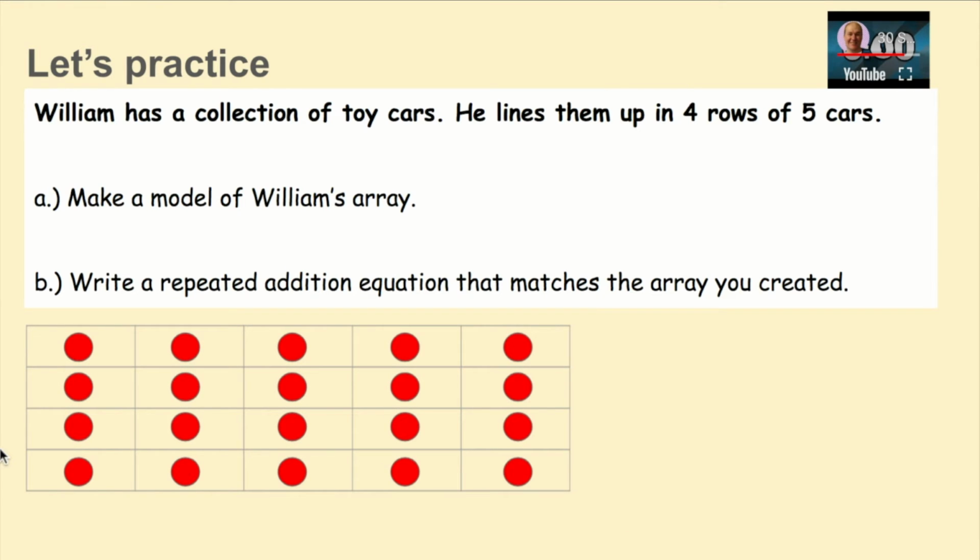Awesome. Now we are going to write a repeated addition equation for this array. We are going to do this together. Follow me. Since we are looking at the rows of this array and there are only 4 rows, then that means our repeated addition equation will only have 4 addends.